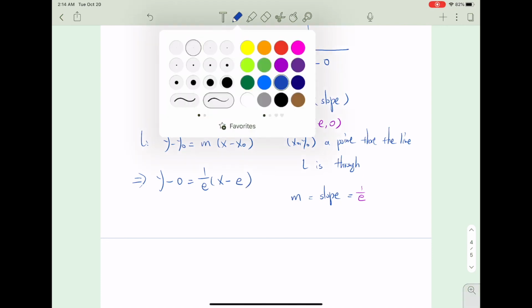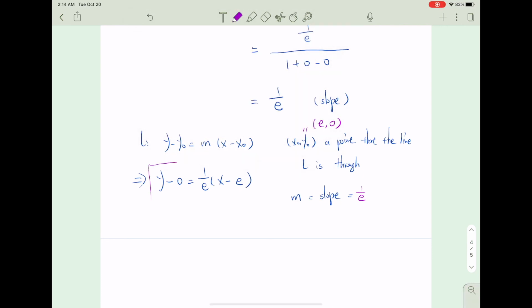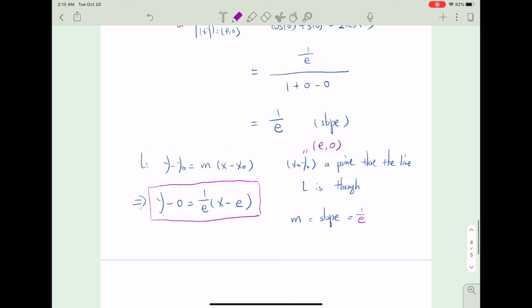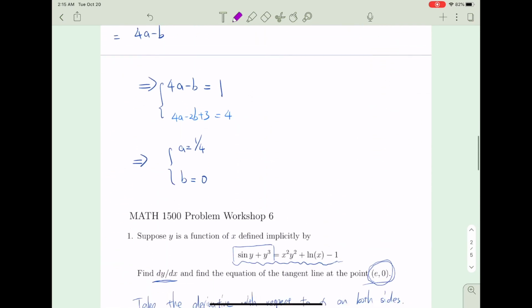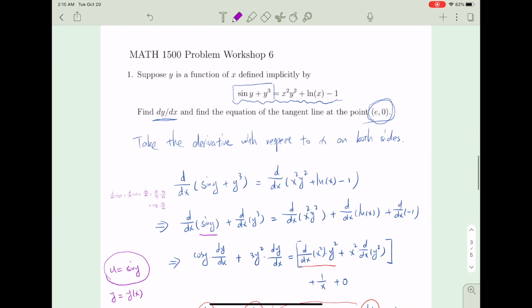Okay, that's the final answer. We don't have to simplify it because the question does not specify which form of a line we're looking for. So we can just give this form, the point slope form, which is acceptable. So that is this question.